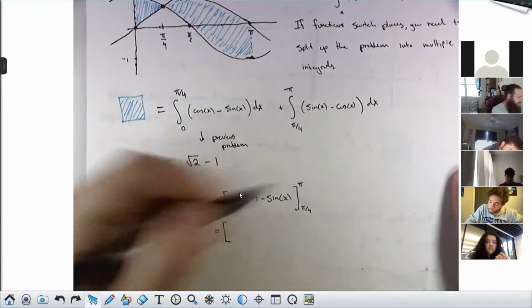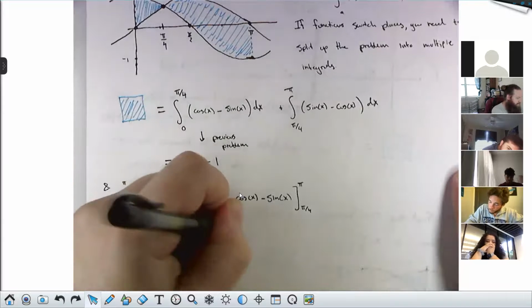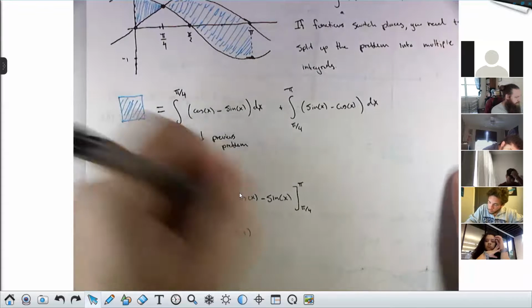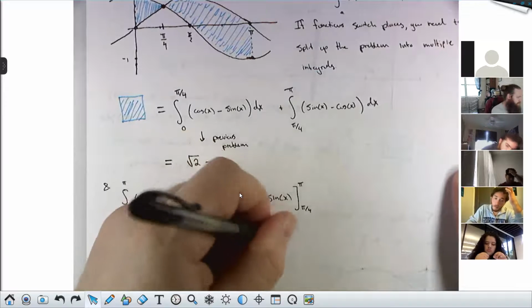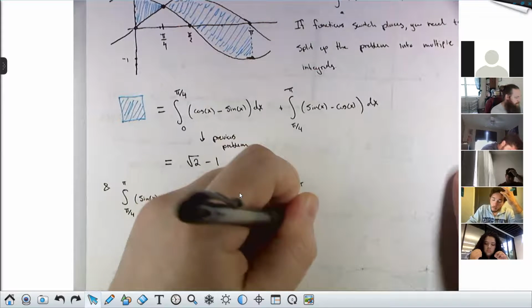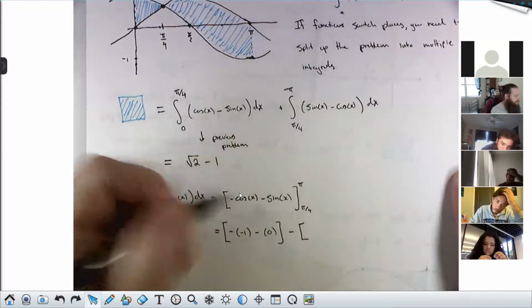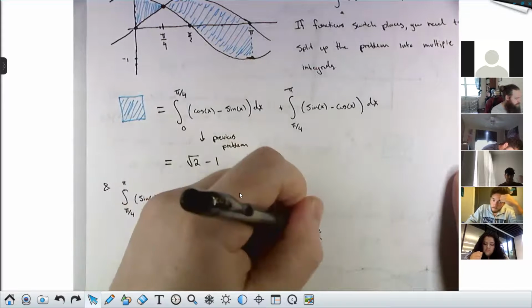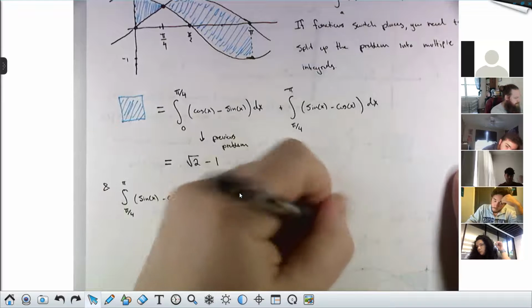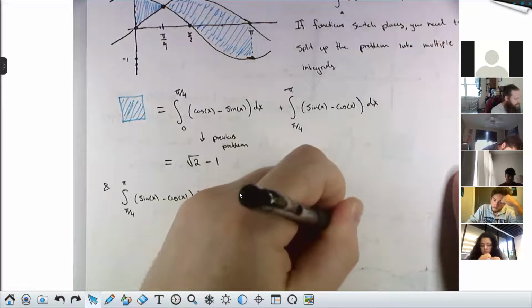Now the cosine of pi is -1, so this is -1 minus the sine of pi is 0. And then when I plug in pi over 4, I get -√2/2 minus sine of pi over 4 is also √2/2.